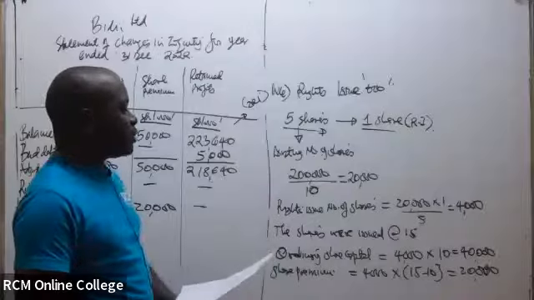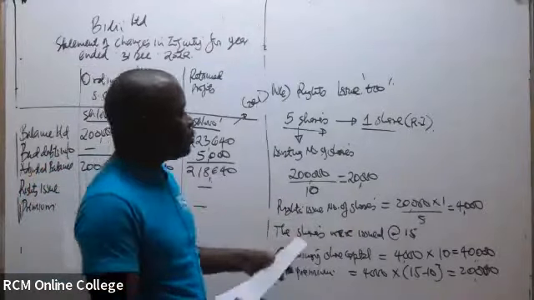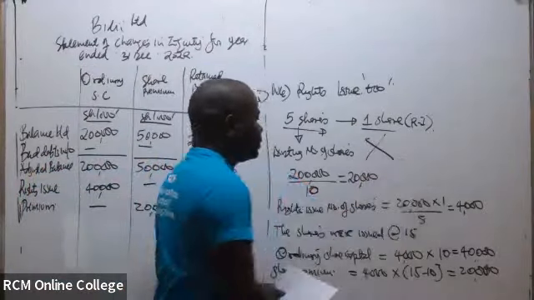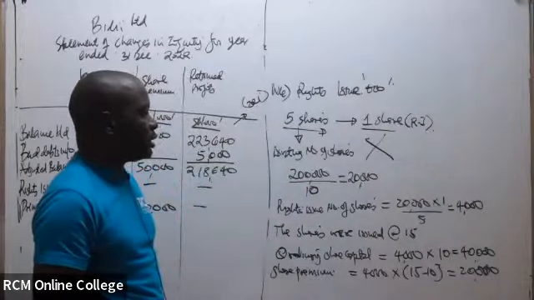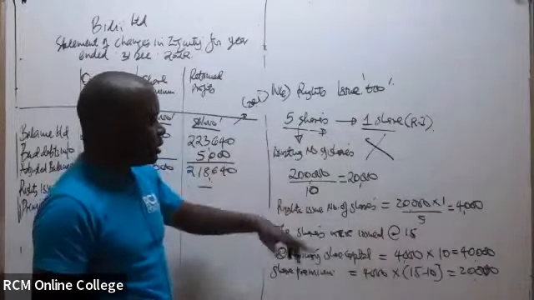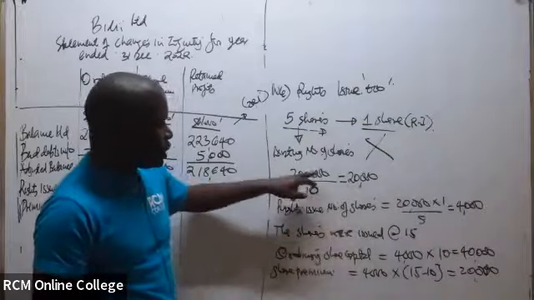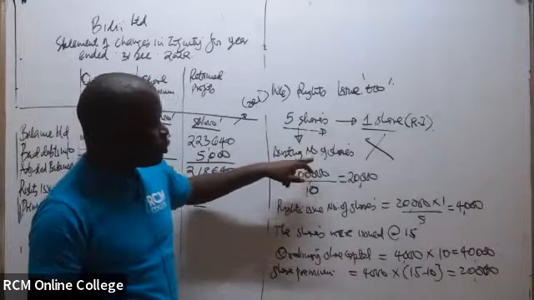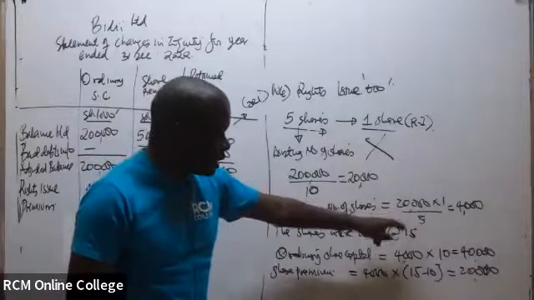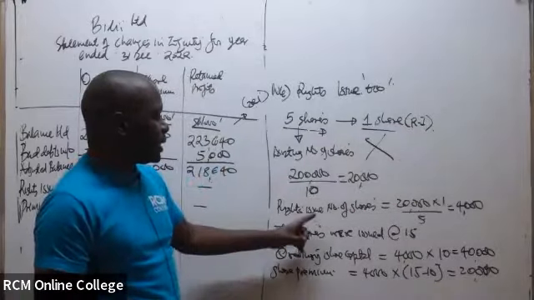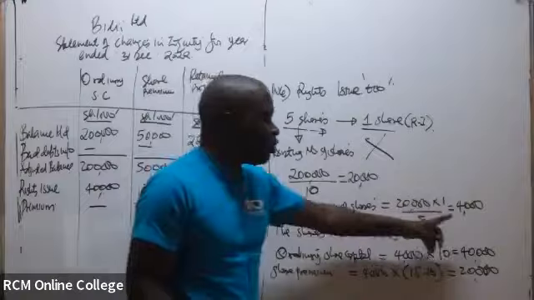Then do the cross multiplication: 5 shares, 1 share; 20 million shares, what? You'll get that the rights issue was 4 million shares.